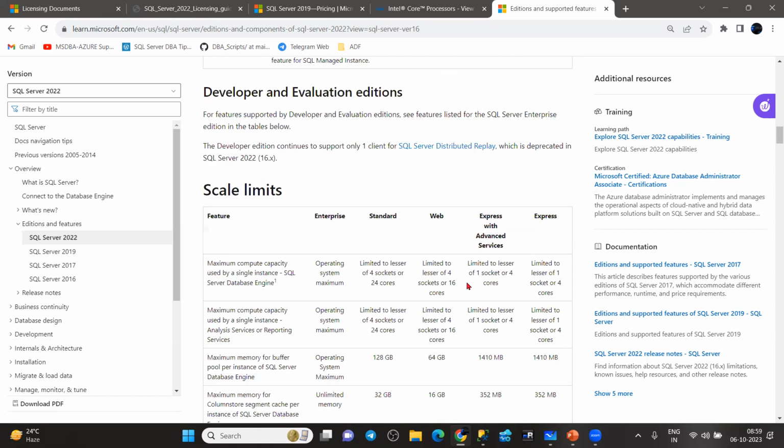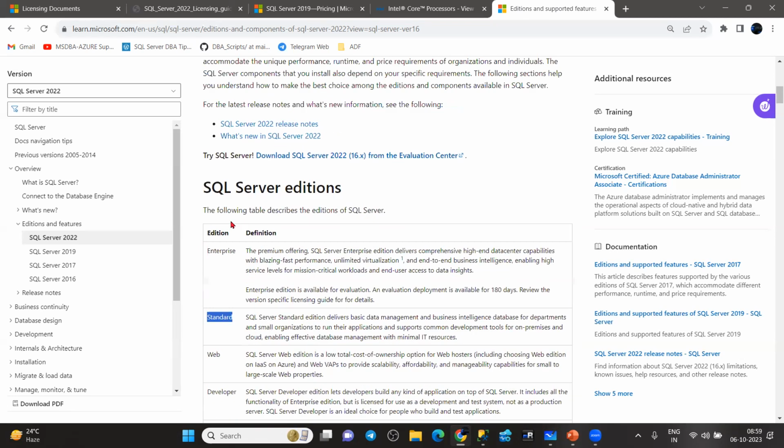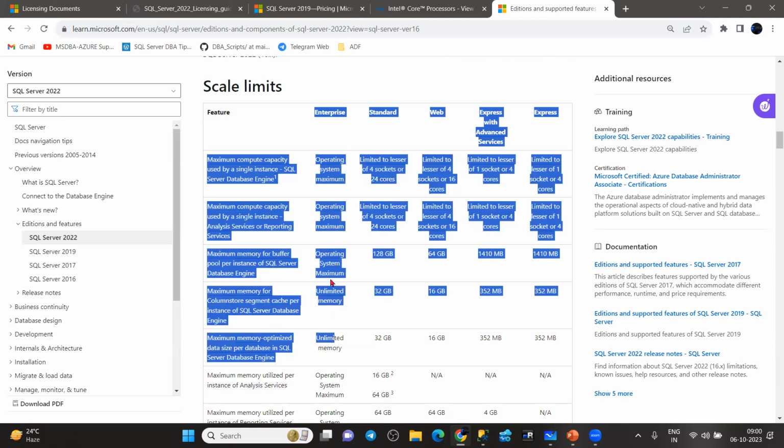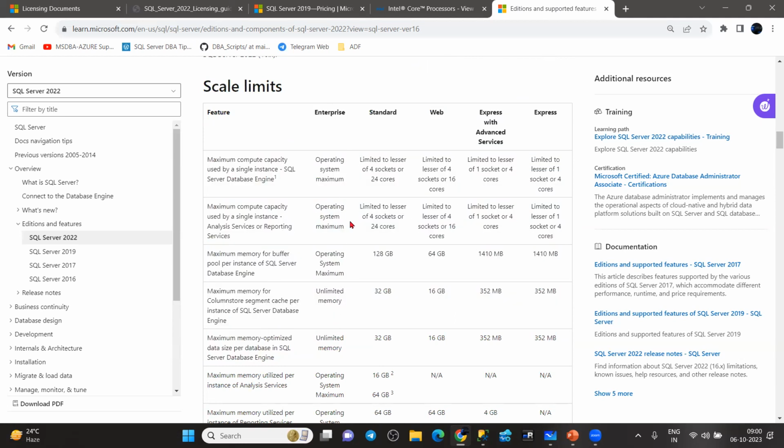The major thing between Standard Edition and Enterprise Edition is limitation. What does limitation mean? When you go to Enterprise Edition, there is no limitation under the operating system. CPU, no limitation.